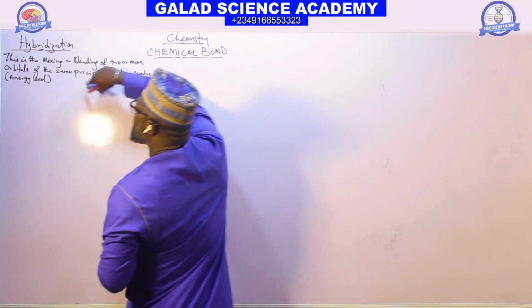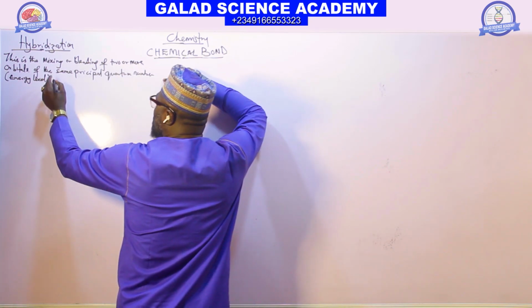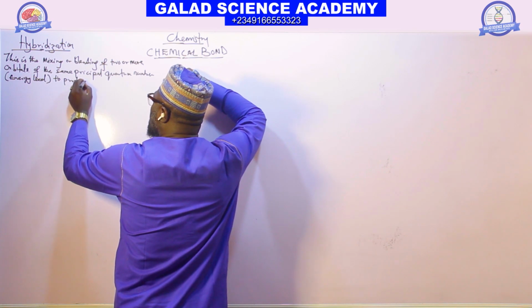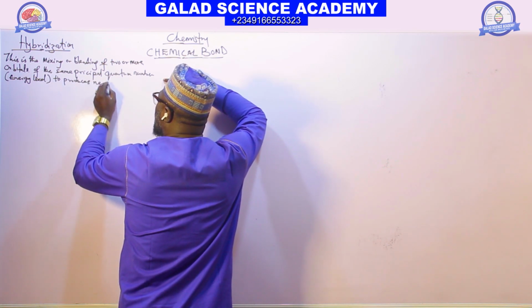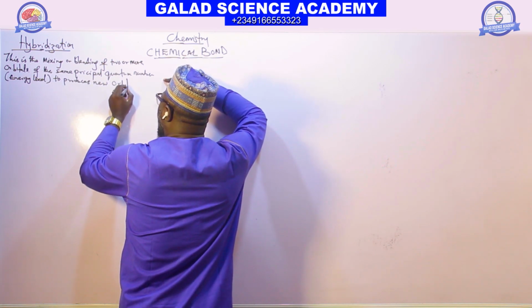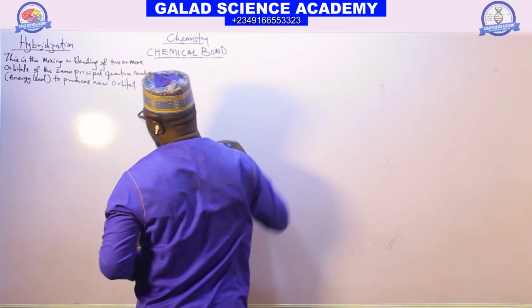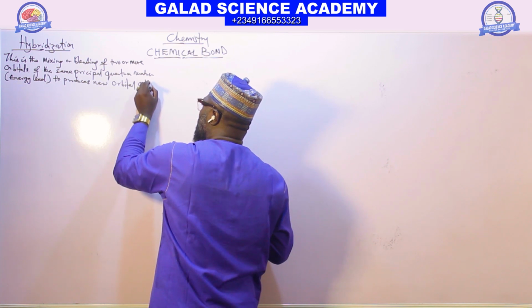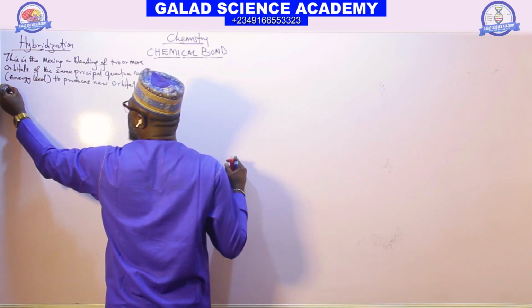You can remove this principal quantum number and use energy level to produce a new orbital called hybrid.